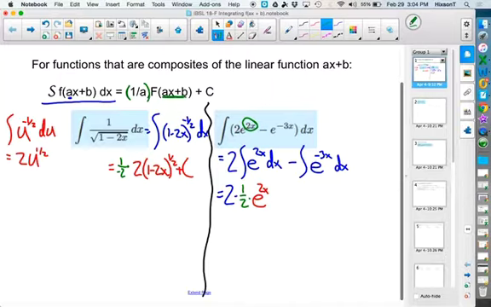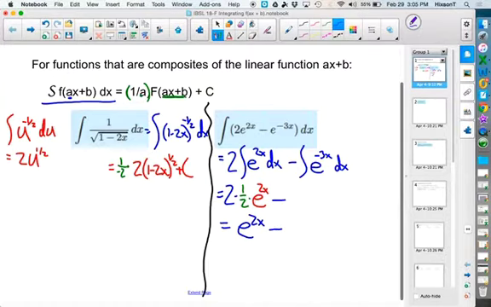The inner function is this linear 2x. So the derivative of 2x is 2, so we're multiplying by 1 over 2. Now, this part here is just going to simplify. The 2 and the 1/2 cancel out, so it just simplifies to e to the 2x.